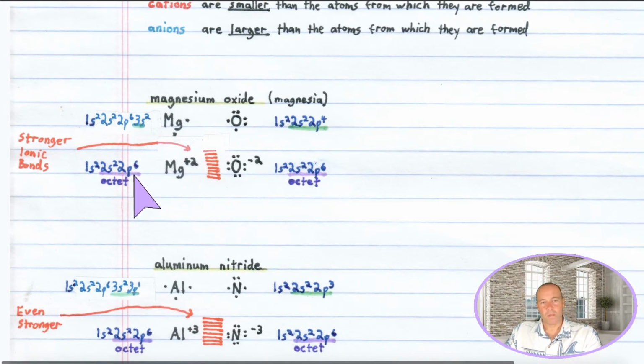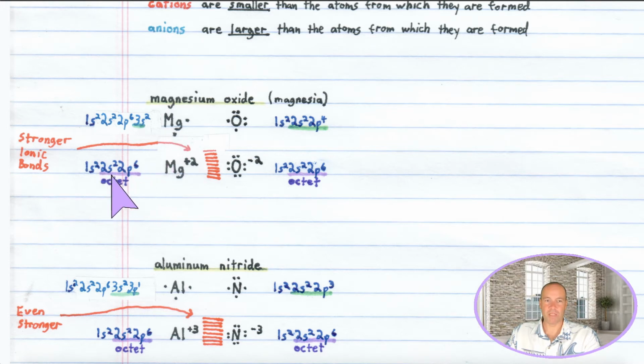I also want to point out that by losing and gaining electrons, the outer shells of the magnesium have what's called an octet. There are 8 electrons in the outer shell. That second shell of magnesium now is the outer shell. It lost the 3rd shell electron, so now all that's left is the 2nd shell.